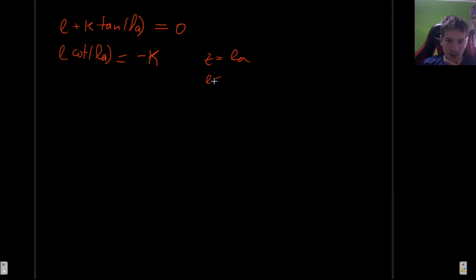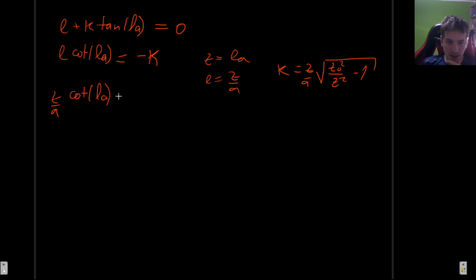So let's just use z is equal to LA, which means that L is equal to z divided by a, and K, as before, is going to be z divided by a times square root of z0 squared over z squared minus 1. So this is going to be z divided by a, cotangent of LA.